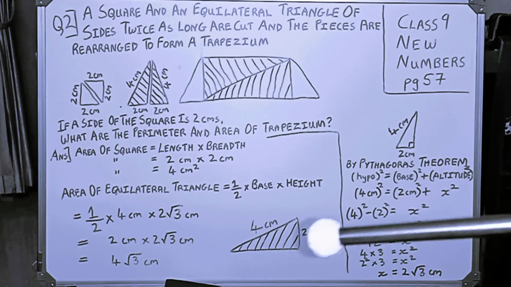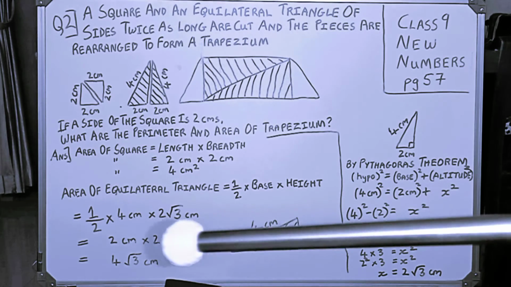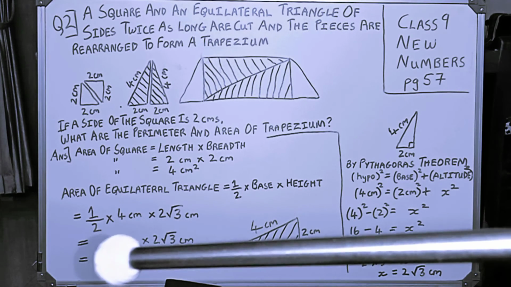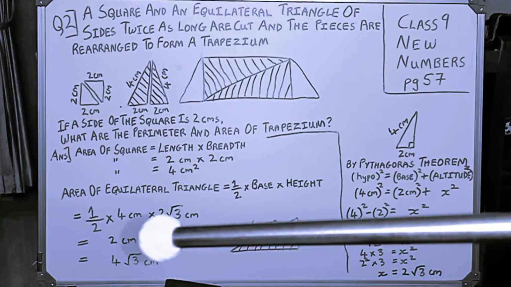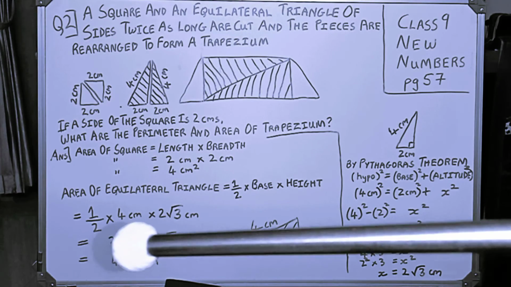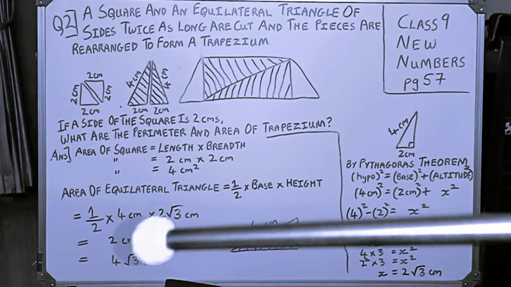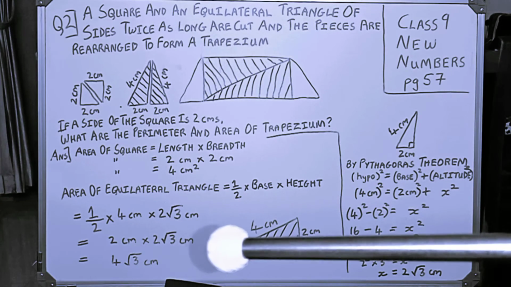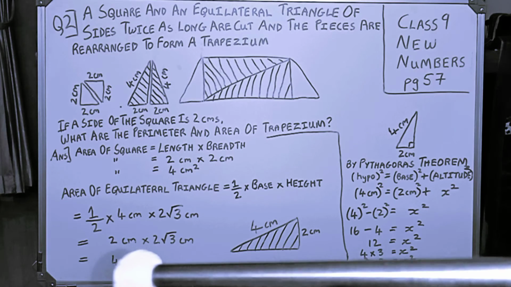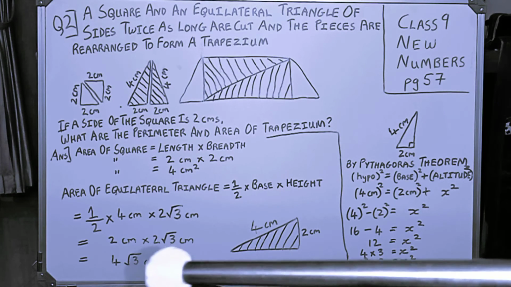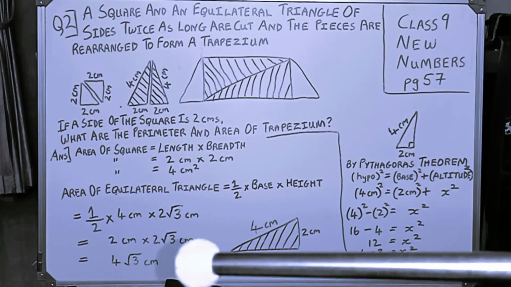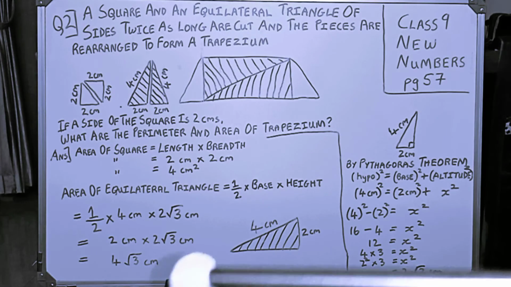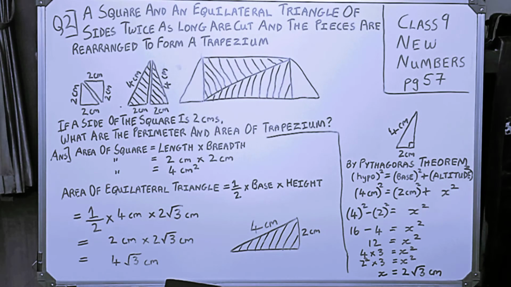Here the denominator 2 and numerator 4 will get cancelled, so 2 will remain on the numerator. So 2 centimeter into 2 root 3 centimeter. If you multiply these two, 2 into 2, 4 root 3 centimeter square. So this is the area of the equilateral triangle.